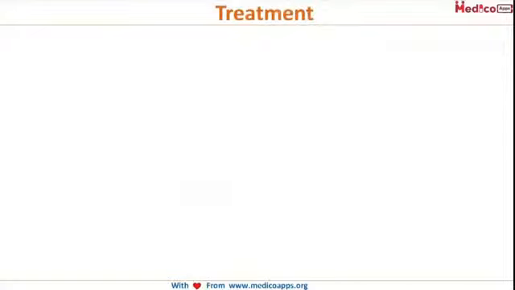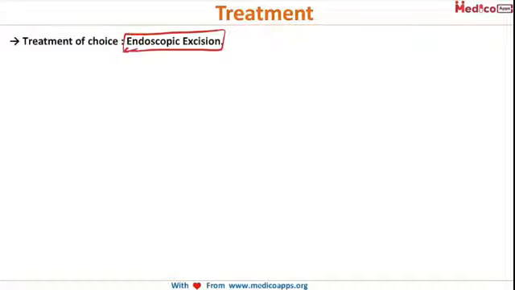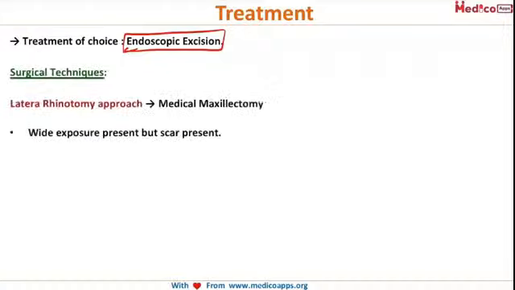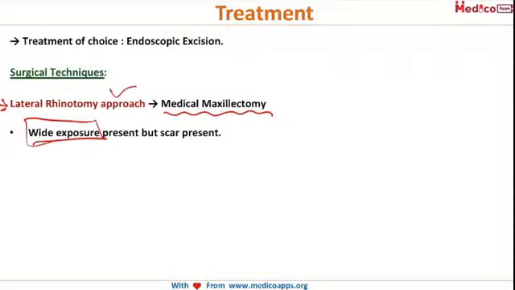Okay, now let's look at the treatment for this juvenile angiofibroma. It is endoscopic excision. Okay, so the treatment of choice is endoscopic excision, and the surgical techniques which are commonly used, we just have to remember the names. The lateral rhinotomy approach gives a wide exposure to excise the tumor, but the problem is that it results in the formation of a scar.